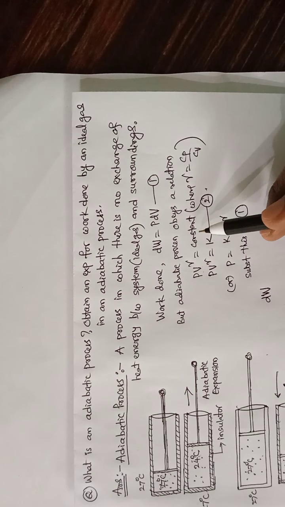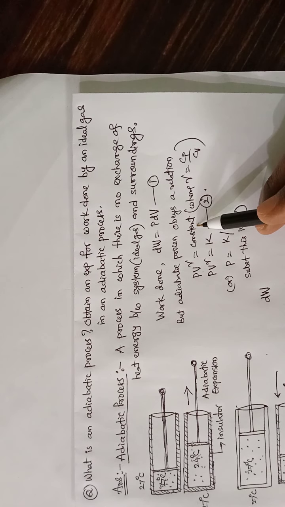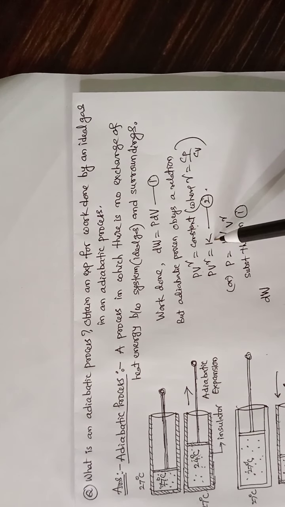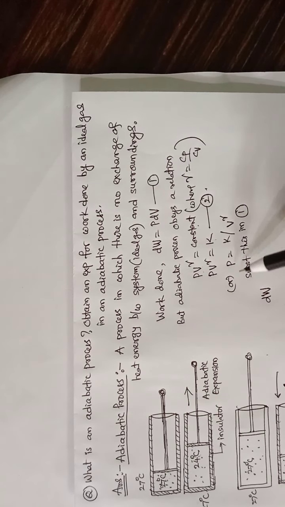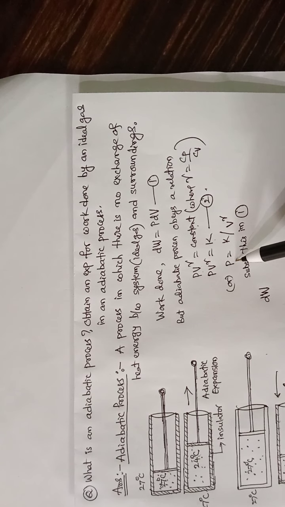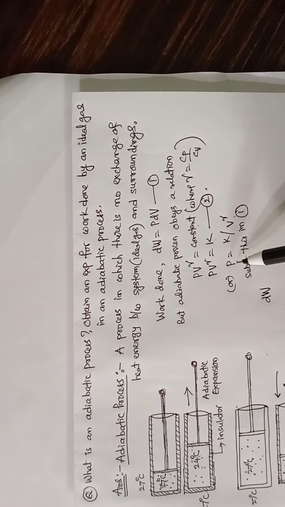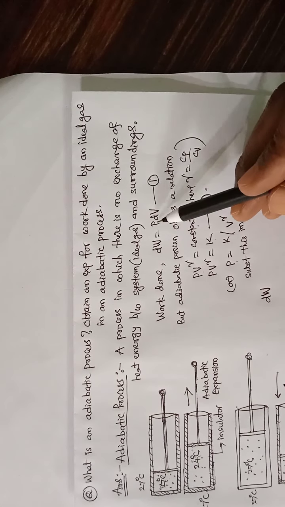PV power gamma is equal to constant. Let the constant be K, and then P is equal to K by V power gamma. Let us substitute this value in the first equation.